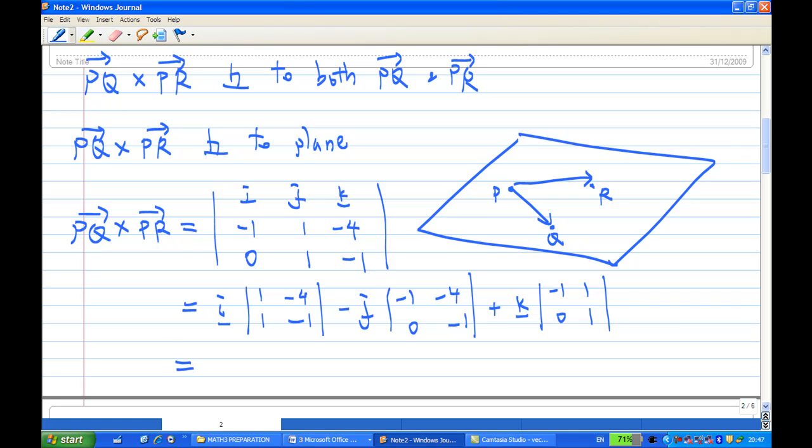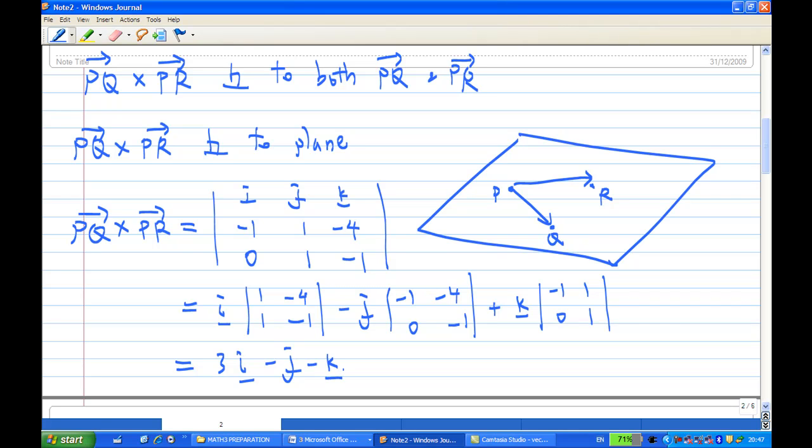Minus 1 plus 4 is 3, so this will give me 3i here. Next one will be minus 1 times minus 1 is 1, so this is minus j. And next one will be minus k.